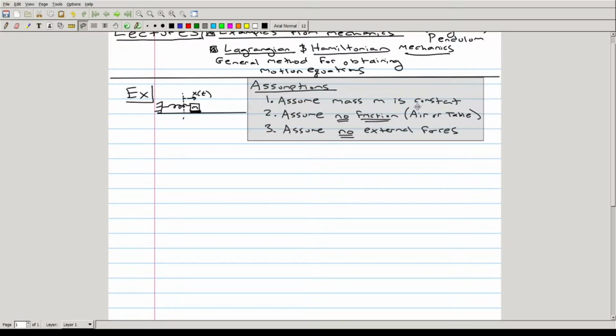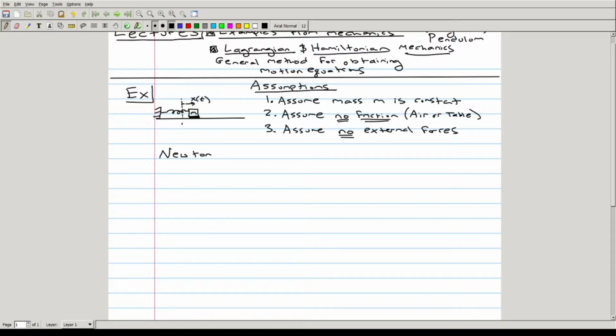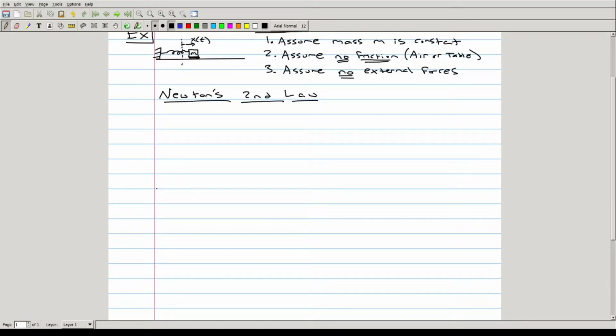And hopefully this is an example that you've seen before in your ordinary differential equations class. But even if you haven't, it's okay. The main thing that we're going to use here is Newton's second law to derive the equation of the motion of this mass.